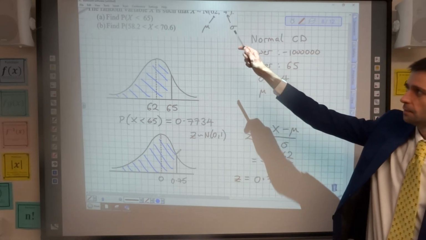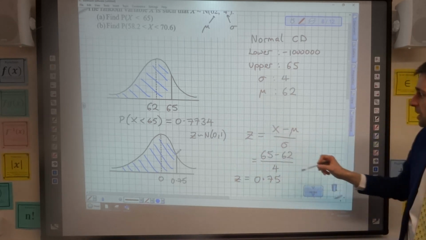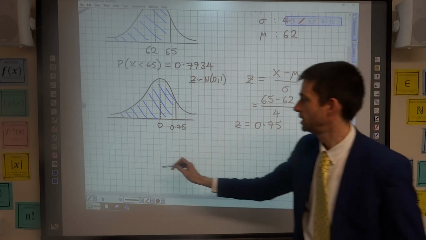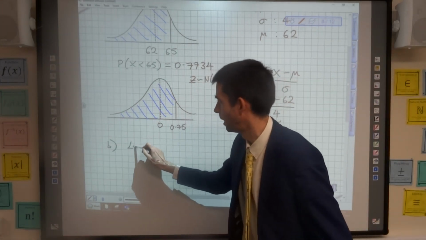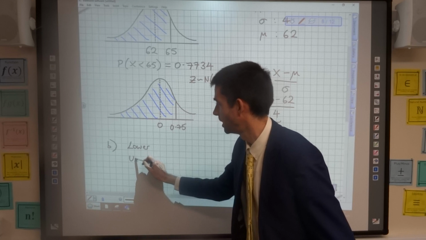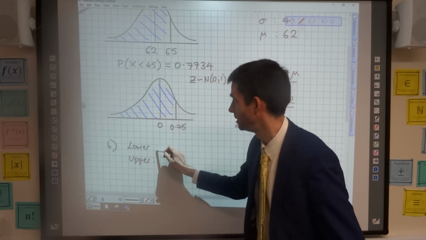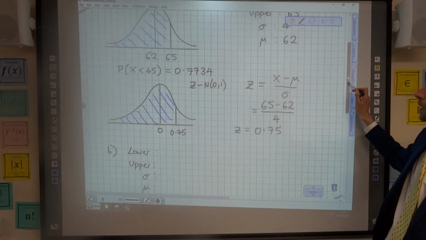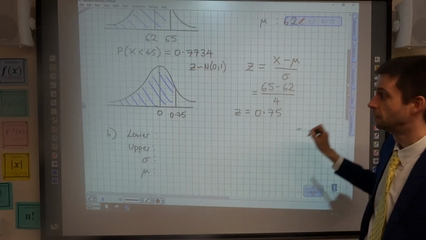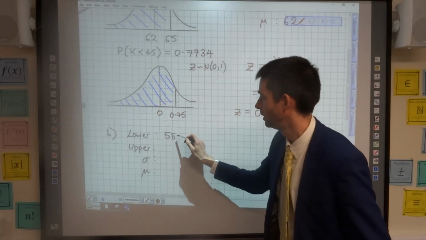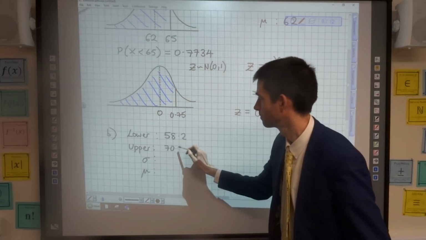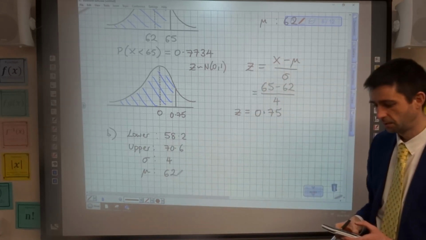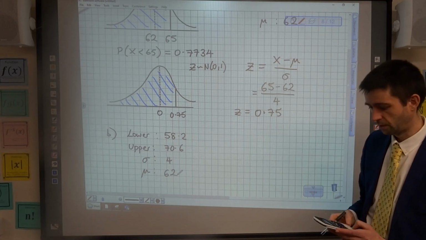Just very briefly talk about part B here. Again, just going back to the calculator to tell us this. What these ClassWiz calculators will do in normal CD mode is that they will tell you the probability of being in between two values. So if you put in that the lower value that you want is 58.2 and that the upper value is 70.6, tell it that the standard deviation is 4 and that the mean is 62, it will calculate that for you.